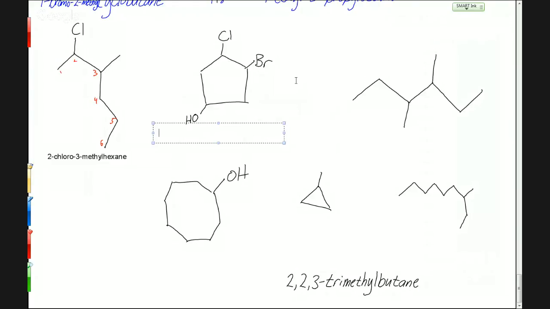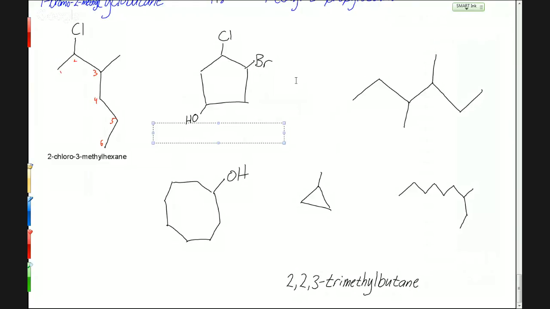But this is a little bit different than what we've done so far. We've dealt with chlorine and bromine. We haven't dealt with alcohol because that's what we call a functional group. The chlorine and bromine are named the same way, but the alcohol really completely changes how a molecule like that reacts. So if it has an OH on it, it's going to do totally different things. It's going to behave in different ways. And so that becomes more important than just another thing that's stuck onto it.